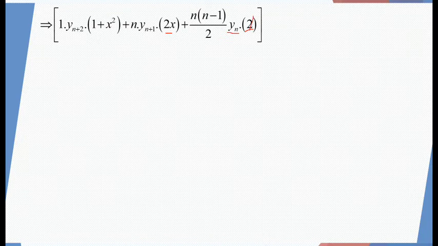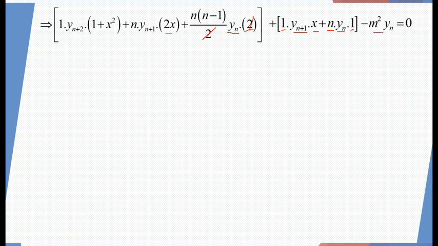Now from this we can cancel out the 2, and plus first, nC0 is 1, nth derivative of y1 is y(n+1) into x, plus nC1 is n, yn into first derivative is 1, minus m square yn is equal to 0.